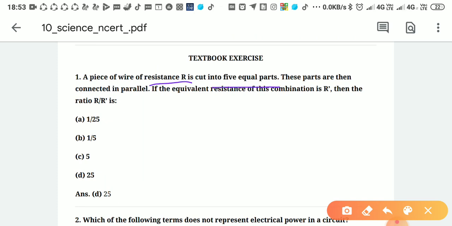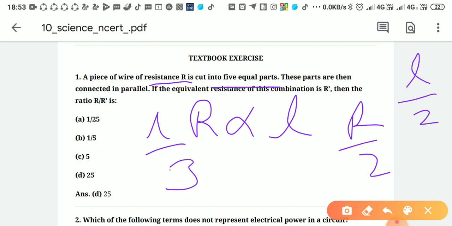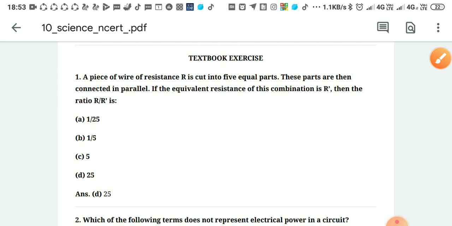If the wire is cut into 5 equal parts, then we know one thing, that resistance is directly proportional to length. If we cut the length by half, then resistance will also become half. If the length becomes 1 by 3, then resistance will also become R by 3. If the length is 1 by 5, then resistance will also be 1 by 5.